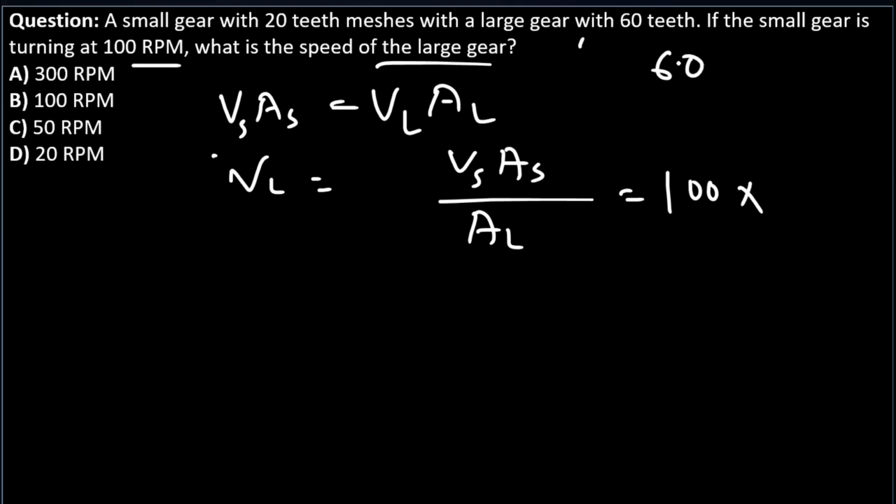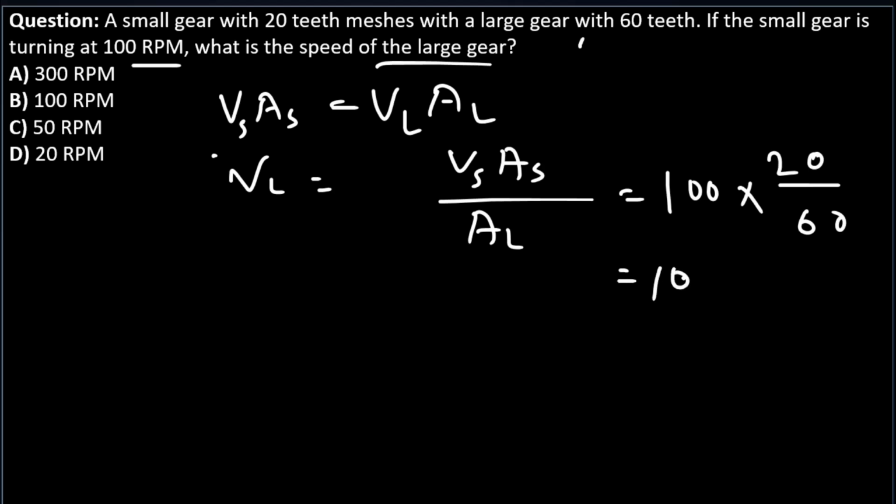So VL equals VS times AS over AL. VS is 100 times, AS is 20, over 60. 60 over 20 equals 3, sorry, it is 20 over 60.